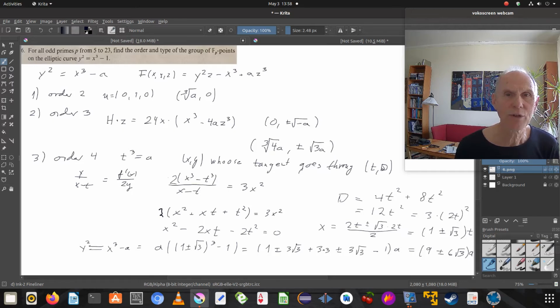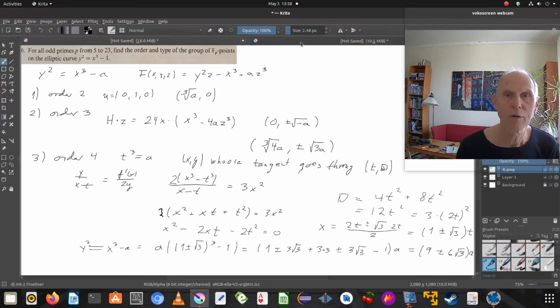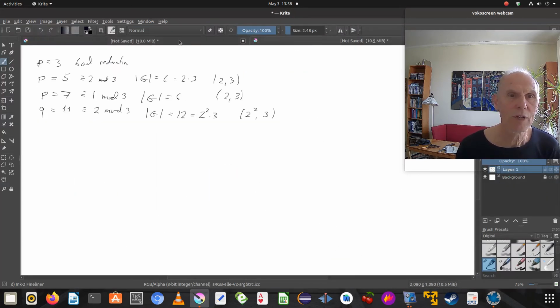So let's find those. The cubic root of a, we have come to 11.